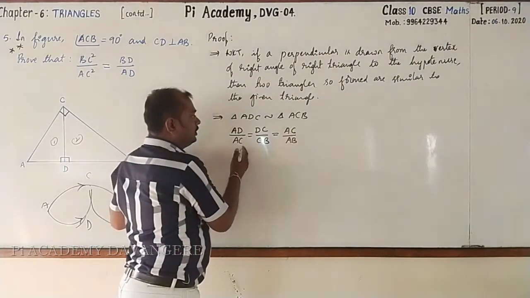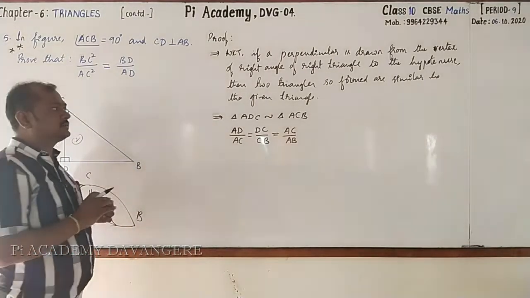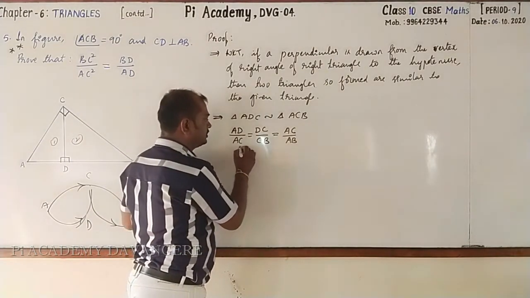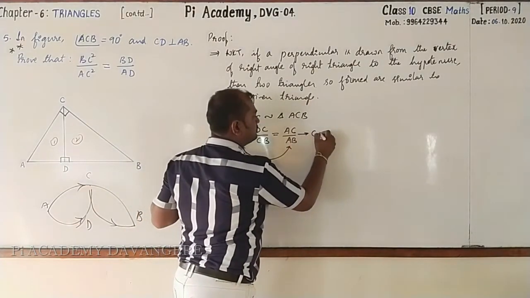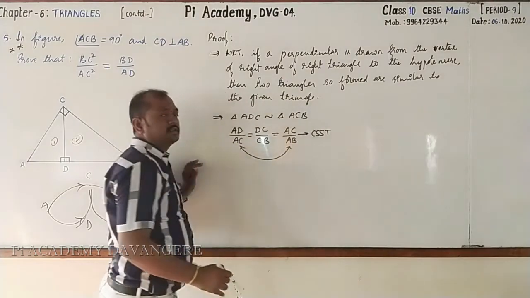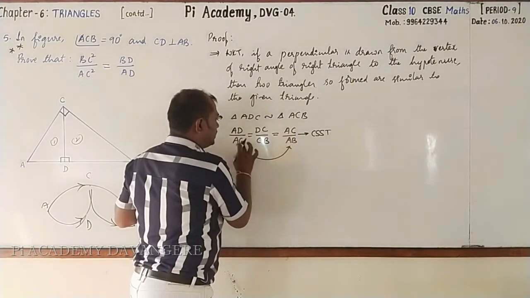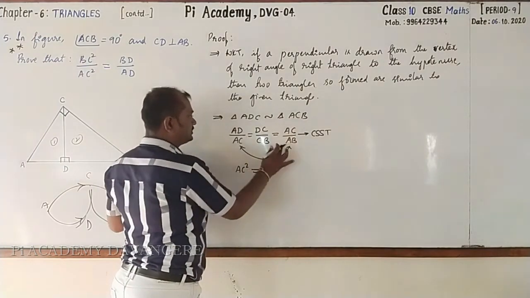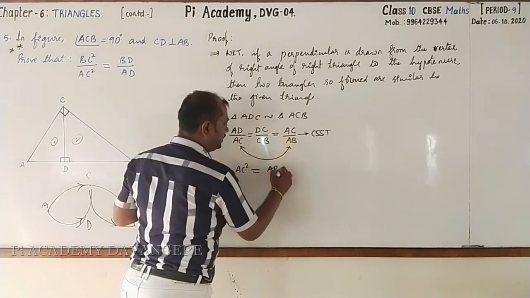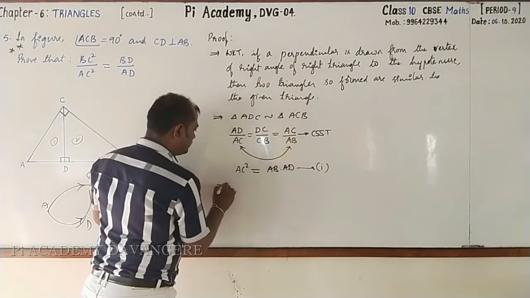Here, are there any ratios in which the same side is there? Yes. What are those? The first and last ratio. This has been written from CSST, corresponding sides of similar triangles. Now observe here, AC into AC, this is AC square, is equal to AB into AD. You may call this statement 1.